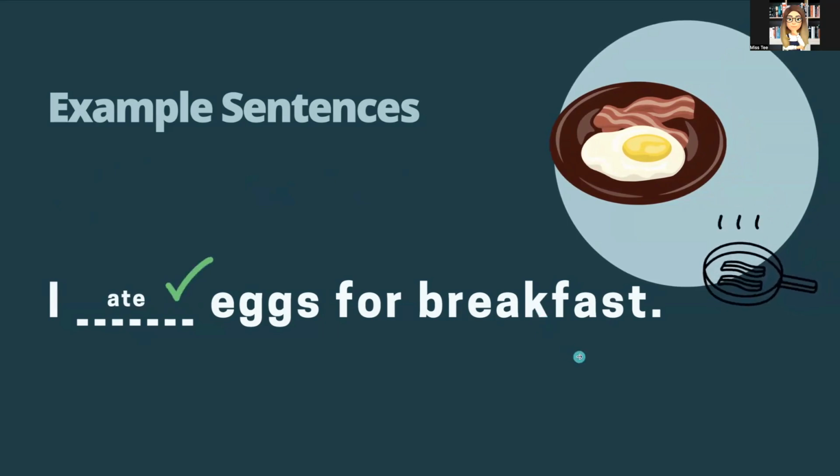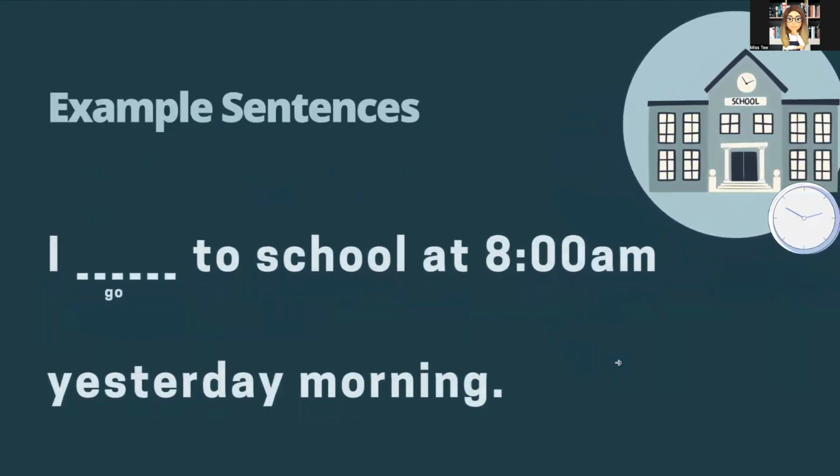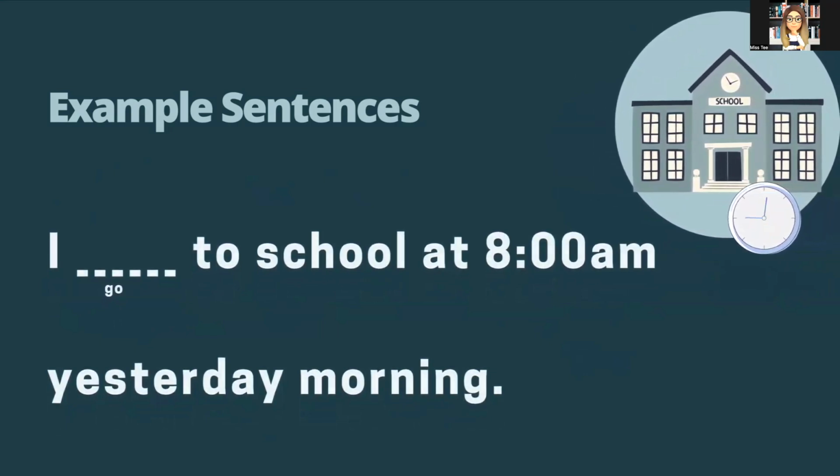Now I have one more question. I go to school at 8:00 a.m. yesterday morning. So now we know we have a signal word, yesterday. We have the base form of the verb here, but we do need the V2 form, the simple past form of the word. And it's irregular.